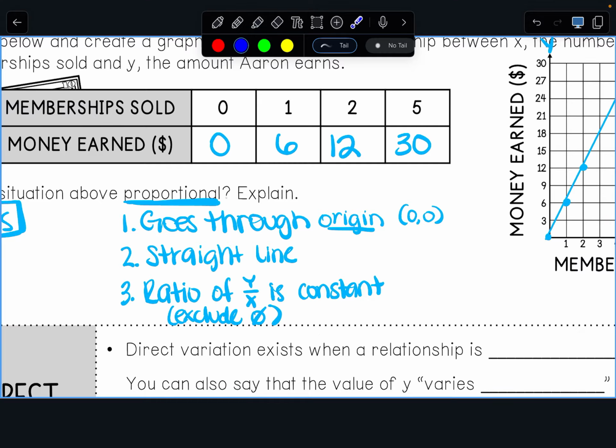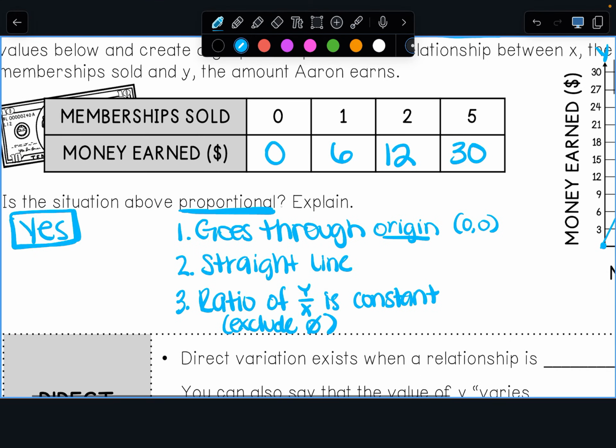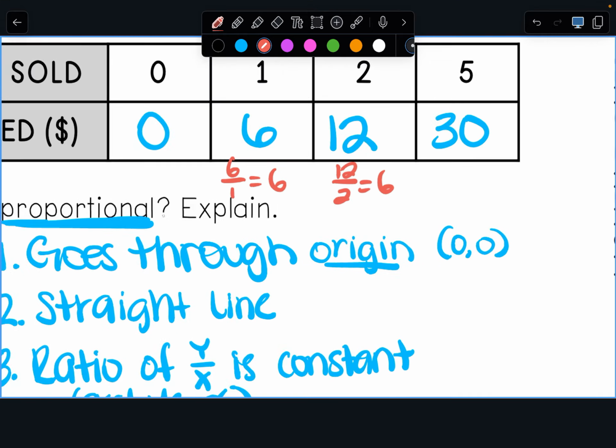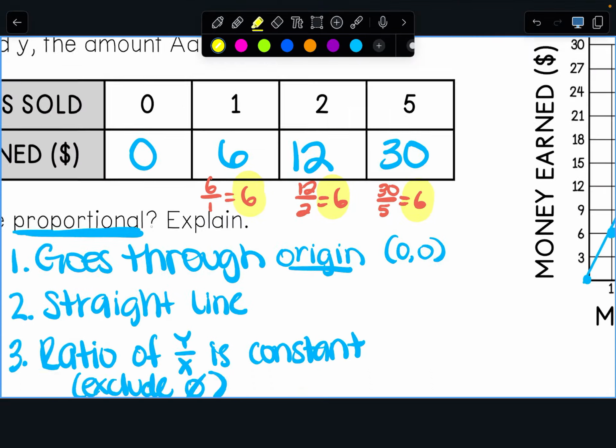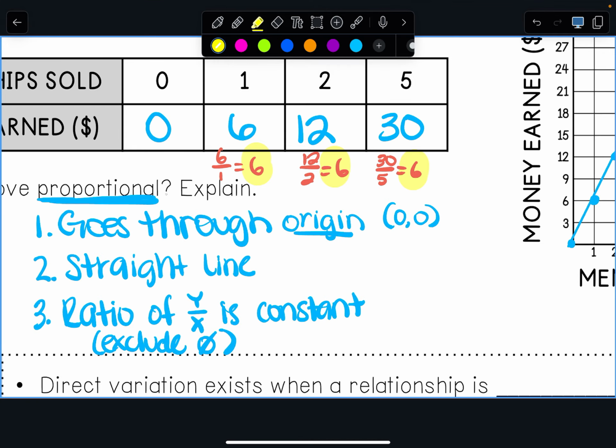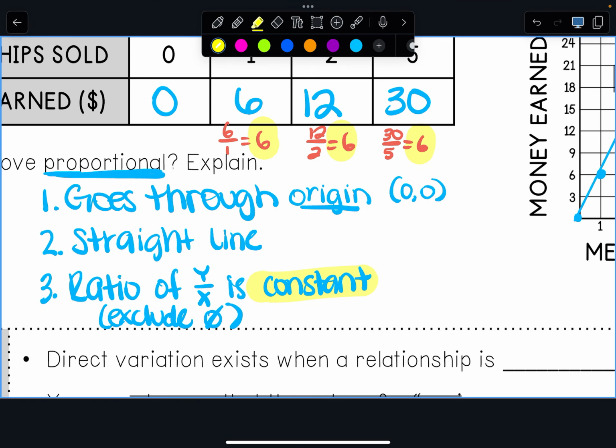So let's say we're looking over here, right? There's my x, there's my y value. You would take the y value, 6, and divide it by the x value. 6 divided by 1 is 6. Take the y value, 12, divided by 2, that is 6. Take the y value, 30, divided by the x, that is 6. So every time you get a 6. So the ratio of y over x is constant, okay?